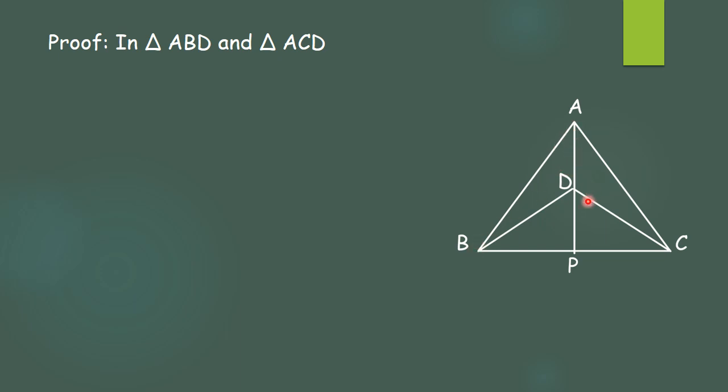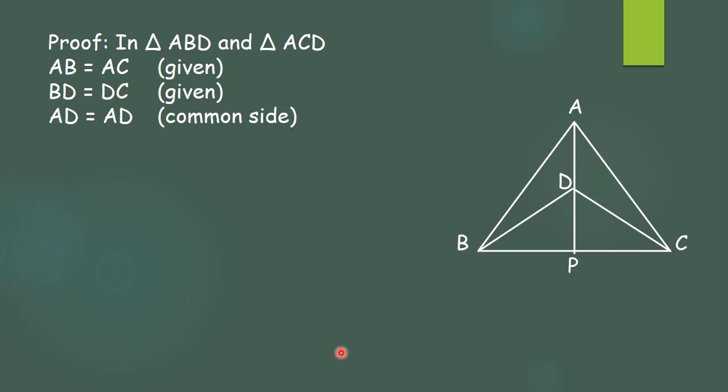AB is equal to AC, that is given, correct? Second, BD is equal to DC, that is also given, because they have stated that they are isosceles triangles. AD is a common side. So these two triangles are congruent by SSS congruency.